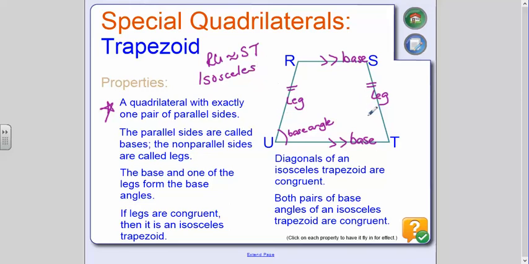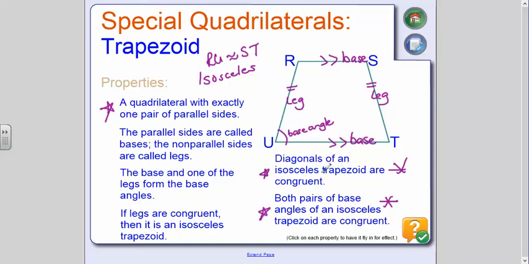So if it's an isosceles trapezoid, then you have a couple of special conditions. Number one, the diagonals would be congruent and the angles would be congruent. So on your notes for the angles, you're going to write if it's isosceles, then the angles are congruent. Make sure you make a note of that. And on the diagonals, if it's isosceles, then you're going to want to write that the diagonals are also congruent.